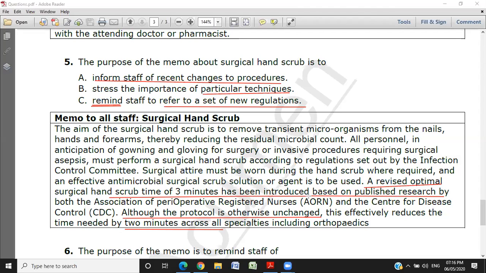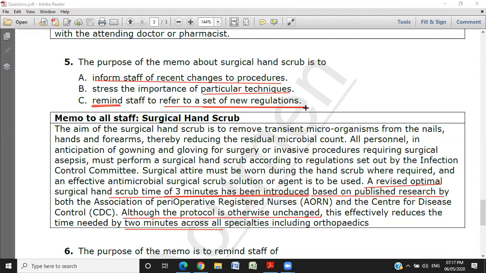A revised optimal surgical hand scrub time of 3 minutes has been introduced. So if it has been introduced recently, then it cannot be a reminder, right? So always when you are dealing with purpose questions, pay attention to the verbs that are given there, and a set of new regulations, which means a new guideline, but that's not a new guideline.